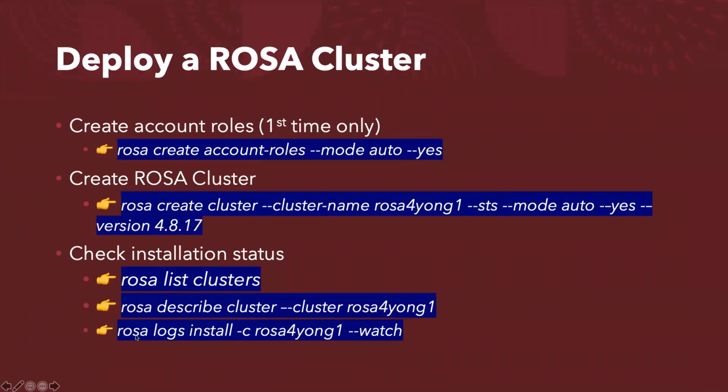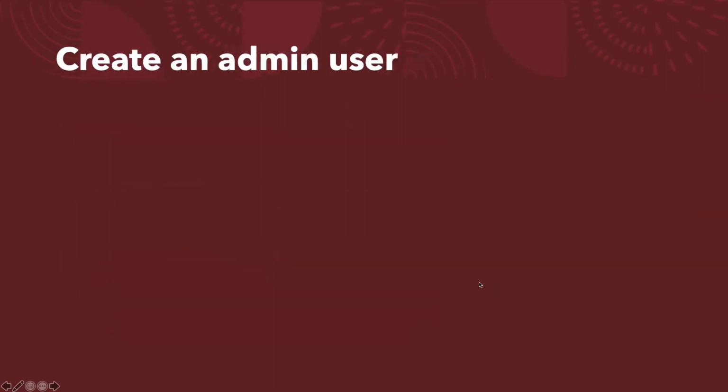So I'm actually just adding another command towards the bottom of the screen. You run rosa logs install -c cluster name --watch to check the installation status. So now, how to log into the console? You need to create an admin user. So how to create an admin user?